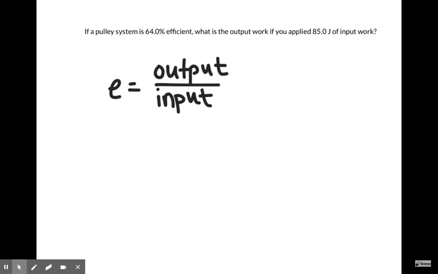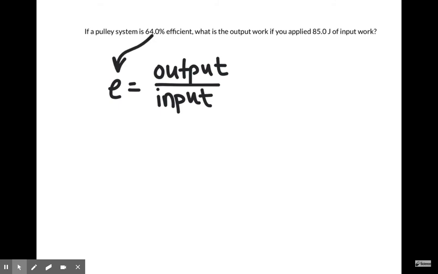Let's look at one more. In this problem, we have a pulley system that's 64% efficient. And we want to calculate the output work if we apply 85 joules of input. So once again, let's start with our equation. In this case, we're going to be solving for the output work, and we're given the efficiency, and it's 64% efficient. When I write this into the equation, remember that's going to go here where that E is.